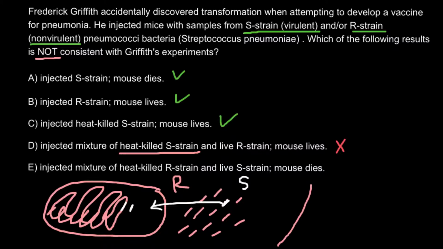This is DNA of the bacteria, and here is a fragment on this piece of DNA that codes for a certain gene that causes virulence or non-virulence, and here is the same fragment from the virulent strain, and they would exchange.